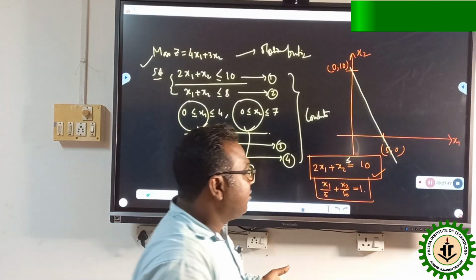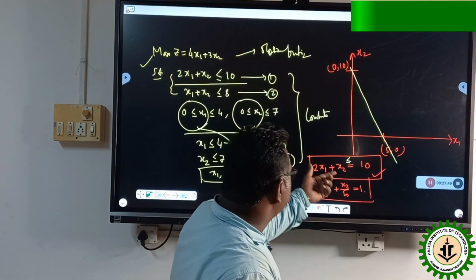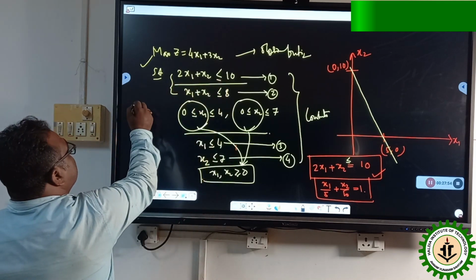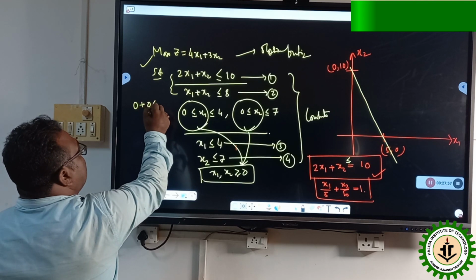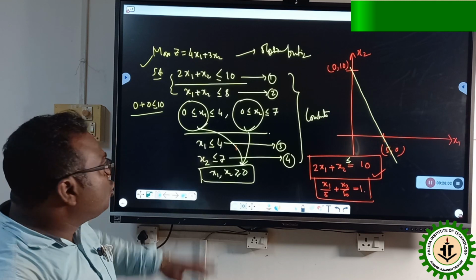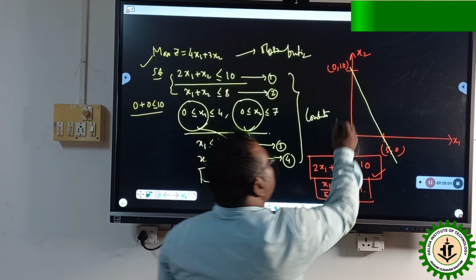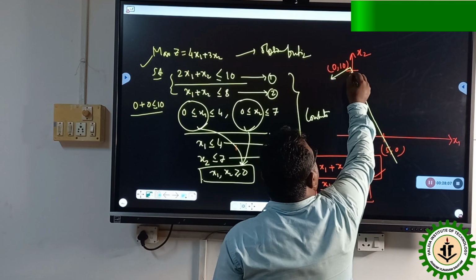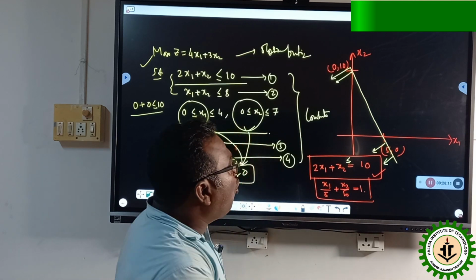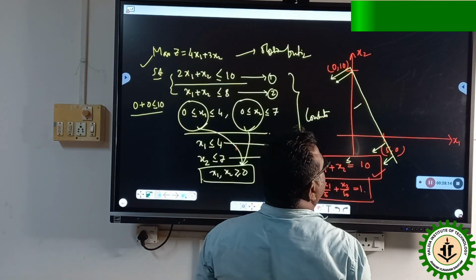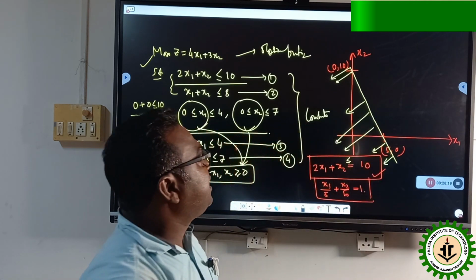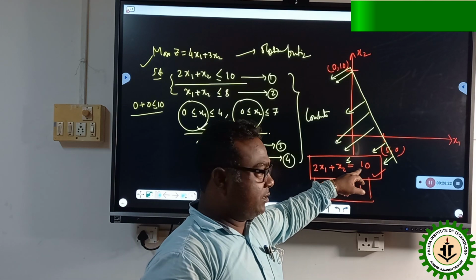If it does not, then they are away from the origin. If you put 0, 0 in this expression, you will get 0 plus 0 less than or equal to 10. Yes, obviously 0 is less than or equal to 10. So the points basically lie towards the origin, which means all the points in this direction satisfy these inequations.